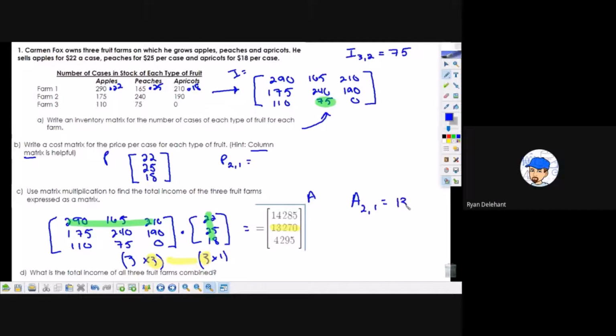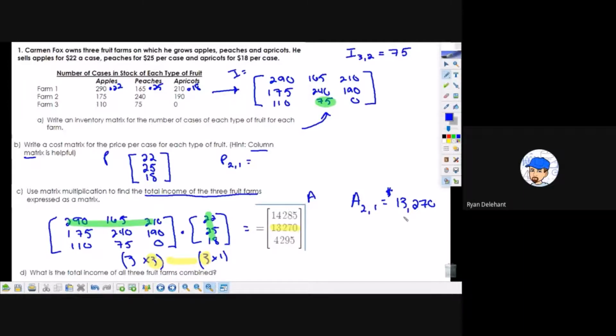It's $13,270. Now let's look at the multiplication. What are we trying to find? Total income from all three of the fruit stands if they sold all their product, which makes sense. We talked about the operation that we did. So how much money is that? That's $13,270.